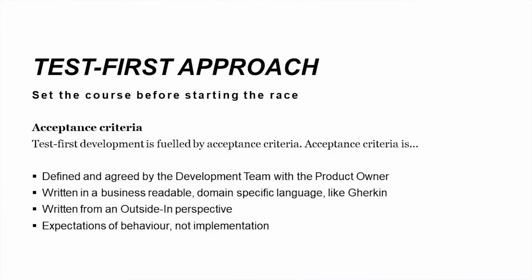Acceptance criteria is kind of foundational to all of this. It's defined and agreed with the development team and the product owner, whatever terminology you use for that. It's written in business-readable, domain-specific language, so everyone should be able to understand it by reading the words, not having to read the code. Gherkin is a particularly good example of this.